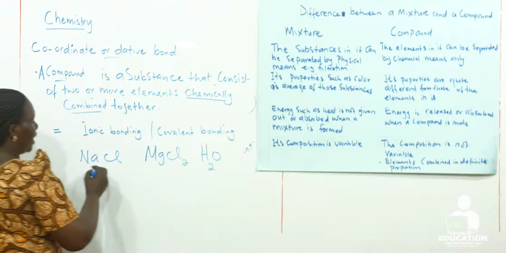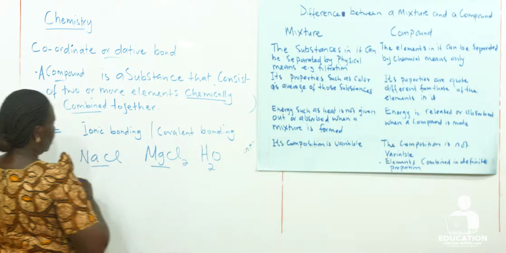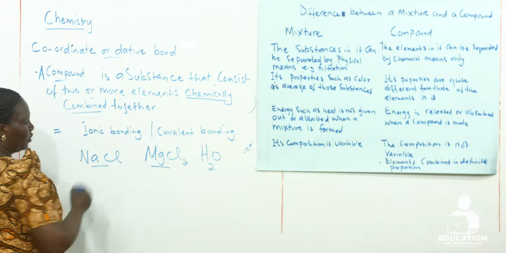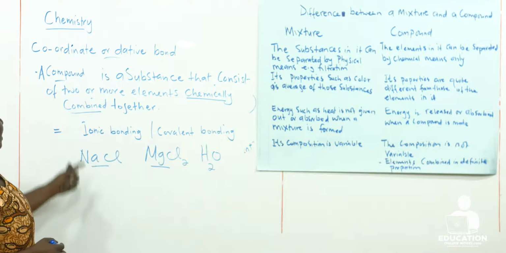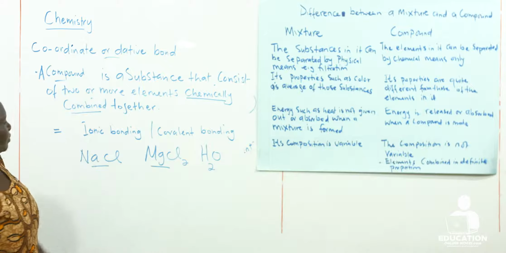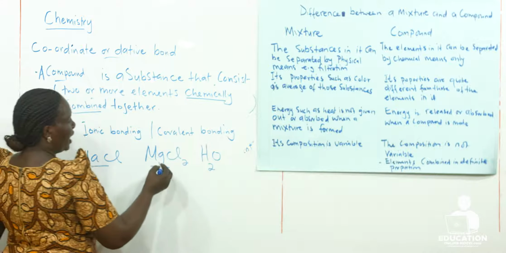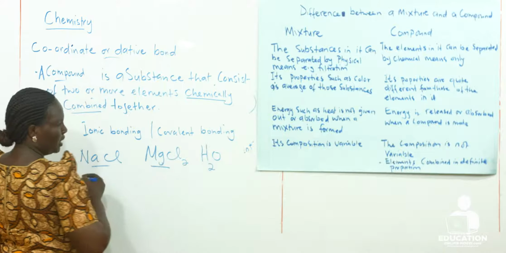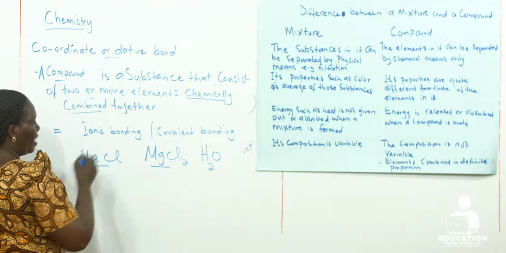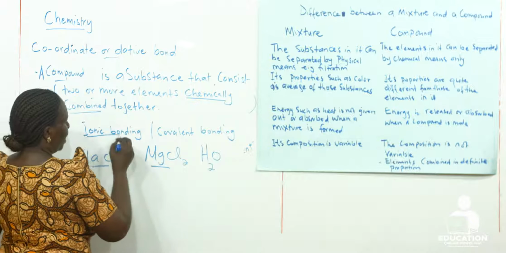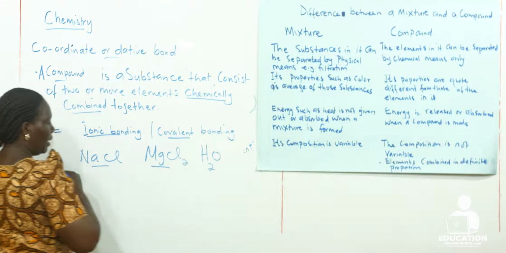So all these are compounds. Here we have 1 atom of sodium and 1 atom of chlorine. That is, we say 2 or more elements chemically combined together. We have 1 atom of magnesium and 2 atoms of chlorine combining to give us magnesium chloride. And then we say these compounds are either formed through ionic or covalent bonding.